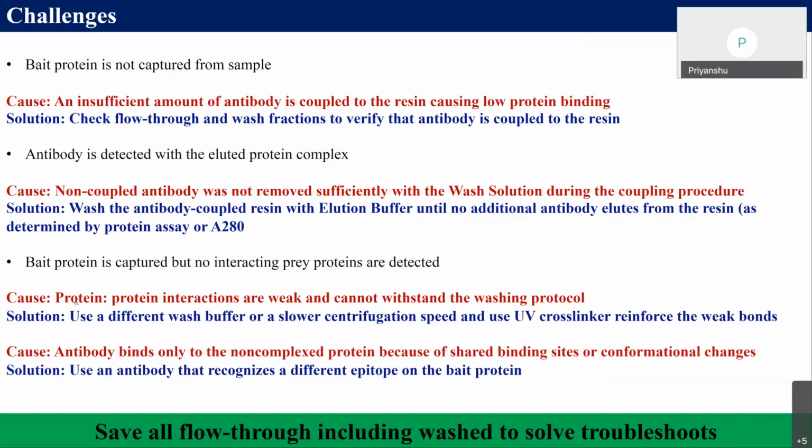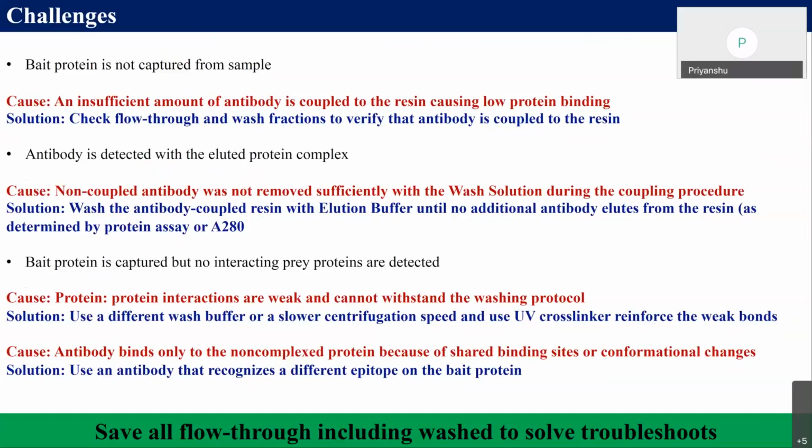This is a very small tricky point anyone can use. The third challenge I'm facing is that the bait protein is captured, but no interacting prey proteins are detected. The antigen is coming out in the eluate, but there are no interacting partners. It's frustrating, I think.